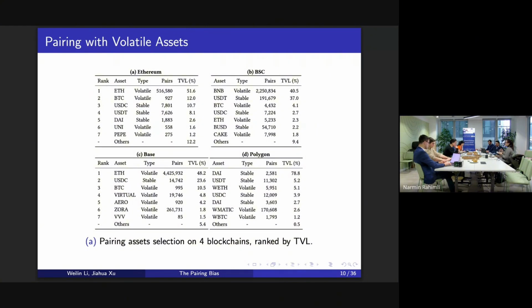For the first thing, here is some data we fetched from four different EVM chains, looking at TVL on Ethereum, Binance, and Base. Most asset issuers try to pair the token with native coins, like Ethereum or Binance, instead of stablecoins. That's what we observe. This is a strategic choice by these asset issuers.